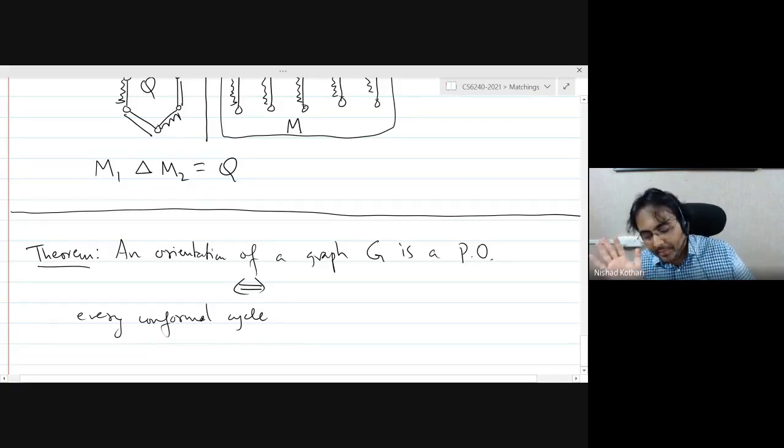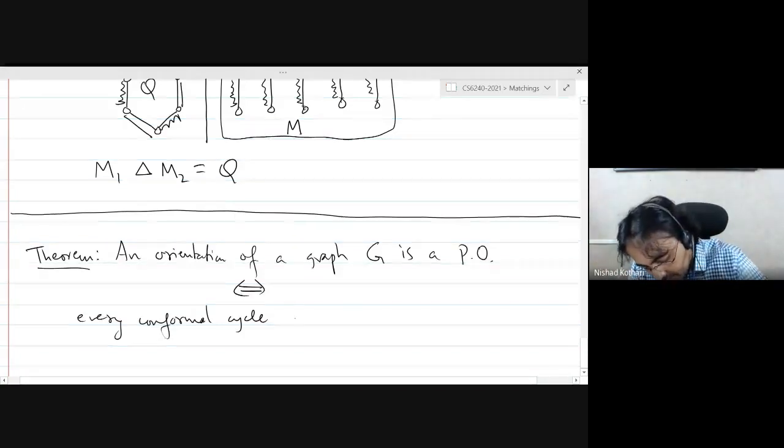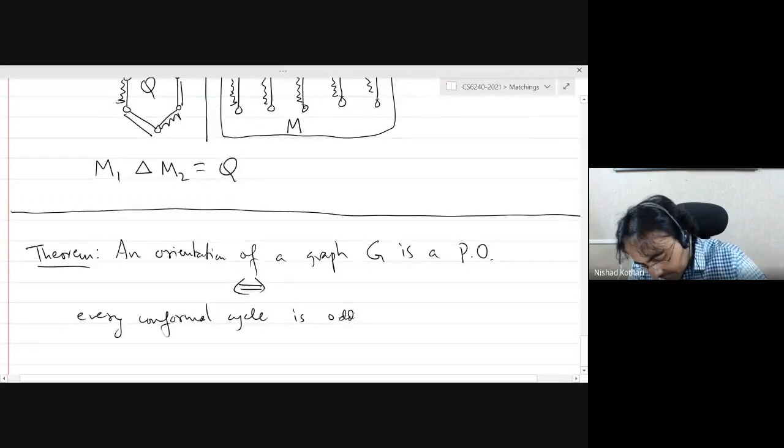I mean, implicitly we are, because conformal means when you delete the vertices of the cycle, there is a perfect matching. But we are not looking at the signs of every perfect matching. We are just looking at the cycles of the graph, right? If and only if every conformal cycle is oddly oriented.